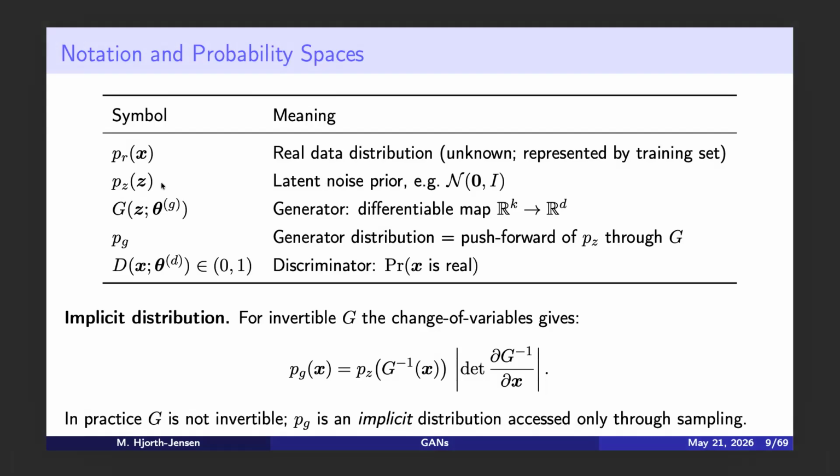This is often modeled with just noisy data, some normal distribution multiplied with some parameter. Then we have the generator, which gives us a map from the data over to the discriminator. And then we have a generator distribution, which is the one which is implicitly there.